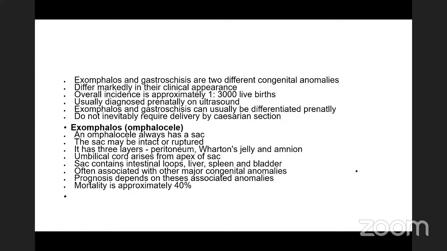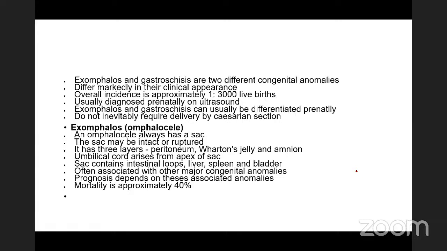When you do ultrasound during antenatal, you see the defects. You will see the abnormality in the child. So exomphalus and gastroschisis can usually be differentiated prenatally, okay? They do not inevitably require delivery by cesarean section.